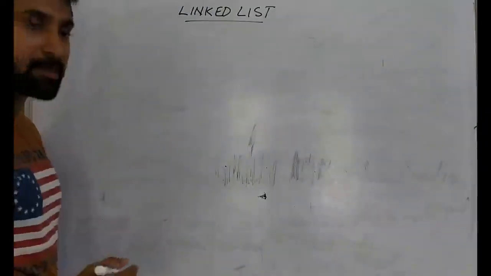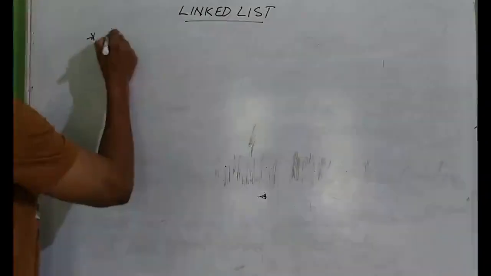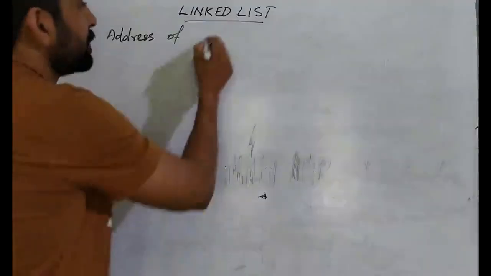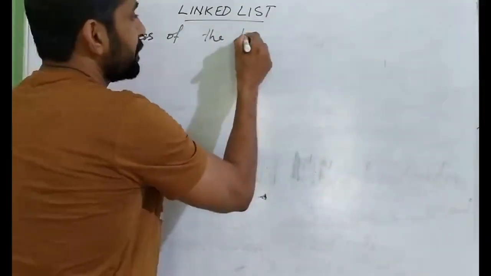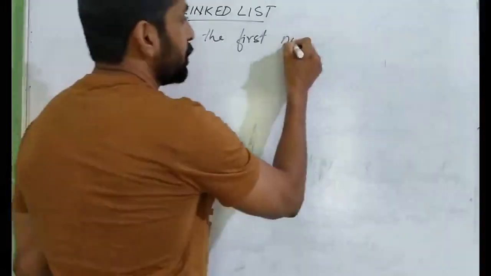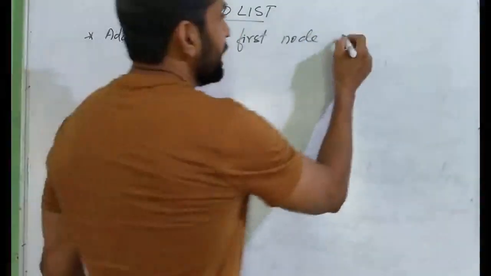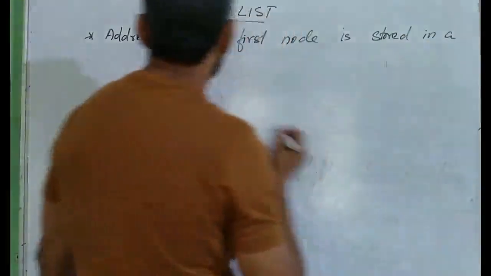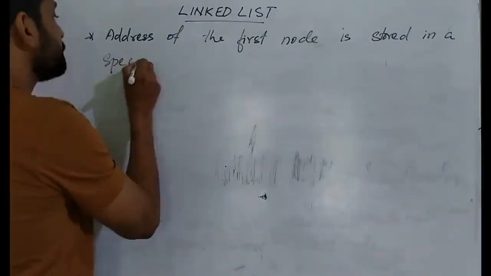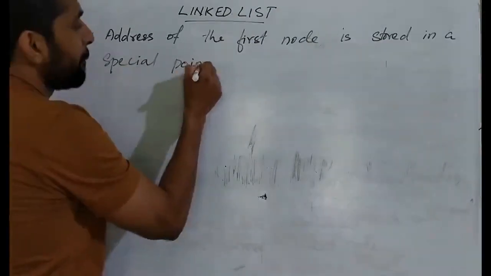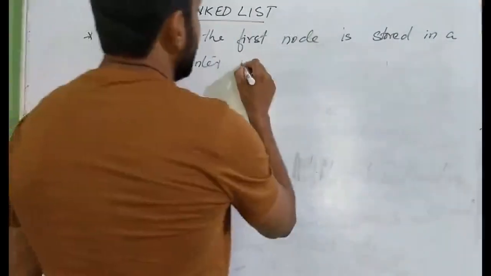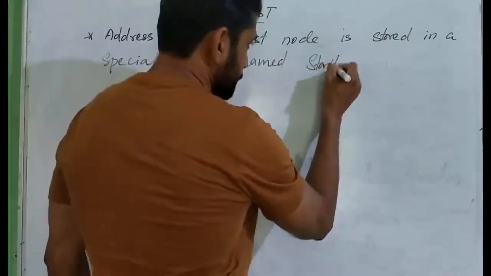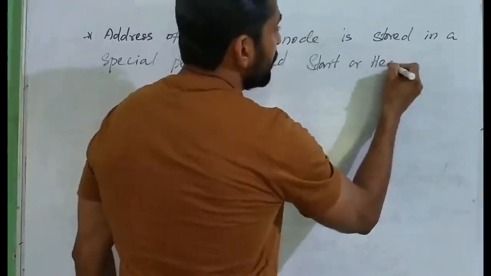About this linked list, the address of the starting node, the address of the first node, is stored in a special pointer named start or header.